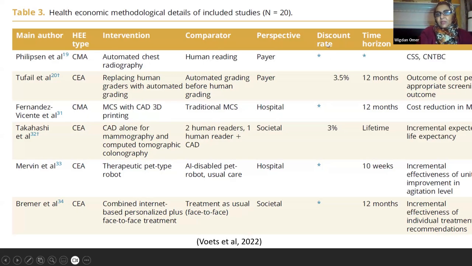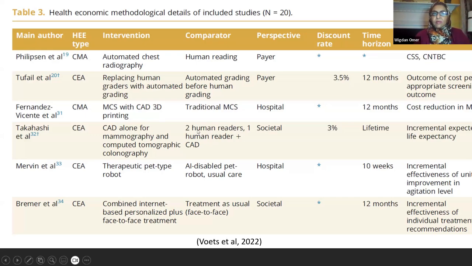And then we have the discount rate. Those with the asterisk sign mean they're not reported. The discount rate ranged from 3 to 3.5. The time horizon was mostly a 12-month period. And then we have the outcome measures.